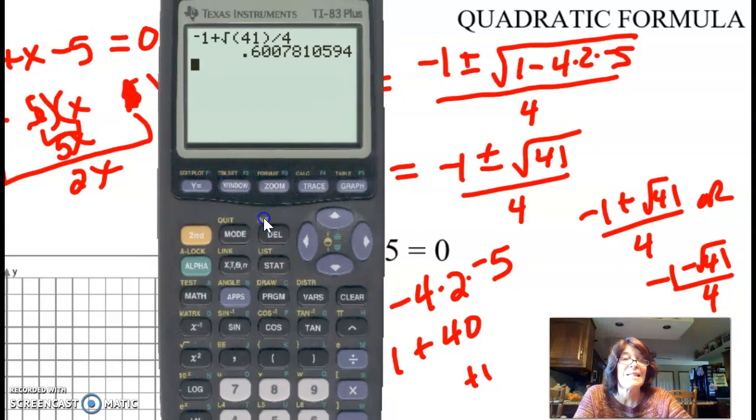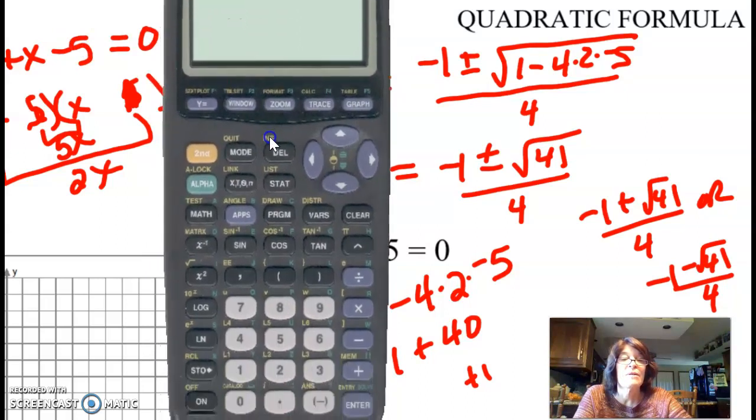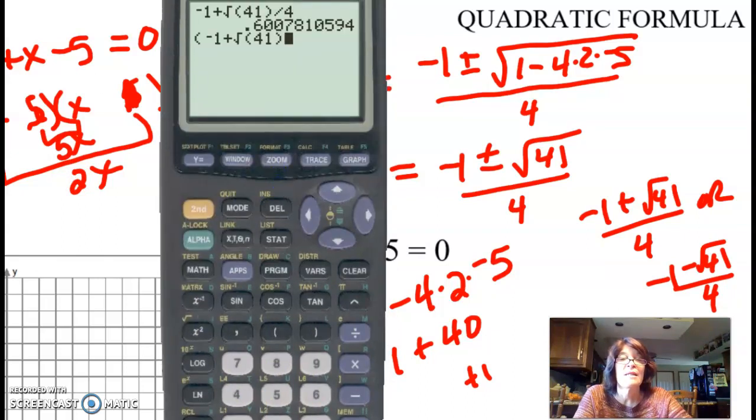When I hit enter, I'm going to get the wrong answer, 0.6. The real answer, let's put it in parentheses: negative 1 plus the square root of 41. Notice how the calculator puts a parenthesis there, so I have to close it. I'm putting the negative 1 plus the square root of 41 in parentheses, so I'm telling the calculator to do that first.